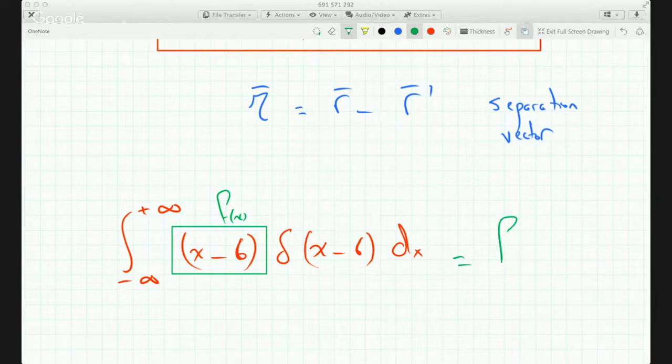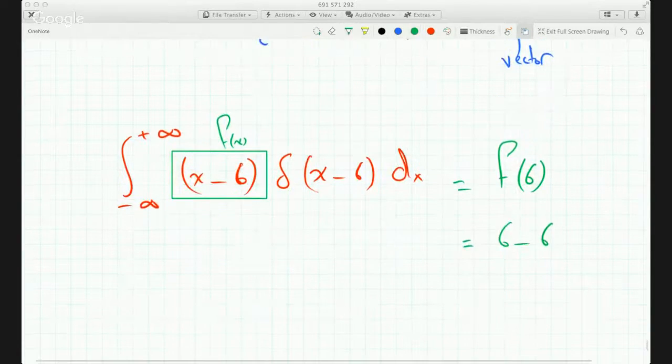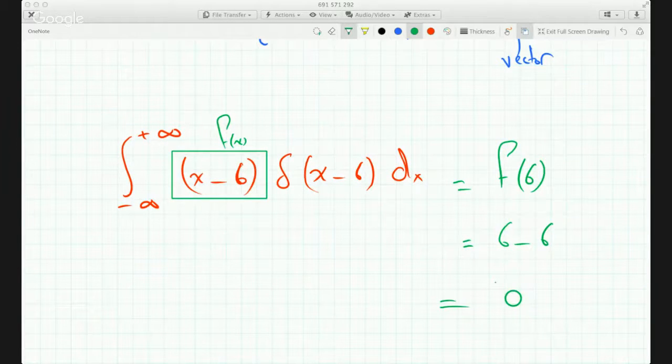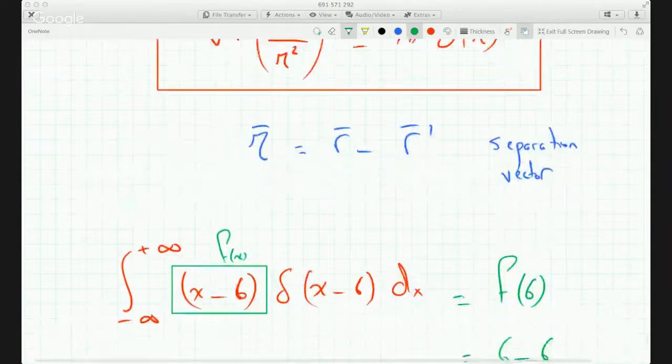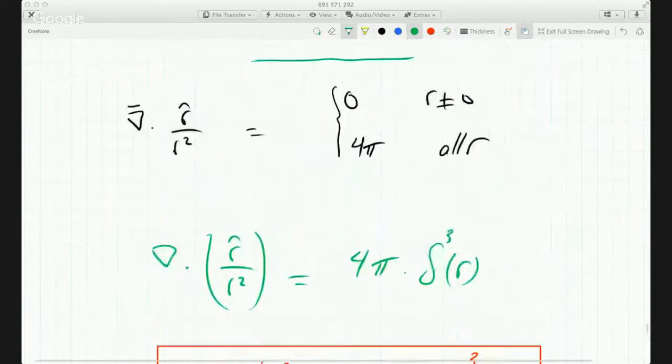So this will be f of 6 and 0 everywhere else. And f of 6 is just 6 minus 6, so this will be 0. So this is kind of the story with the Dirac delta function. Questions on the Dirac delta function?